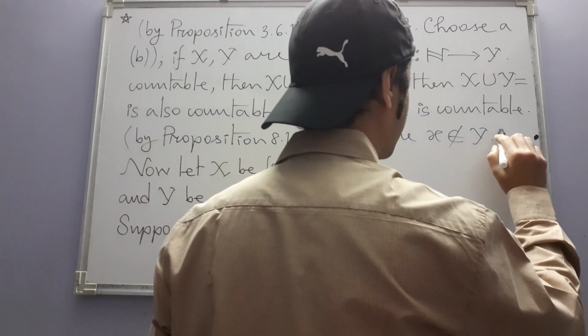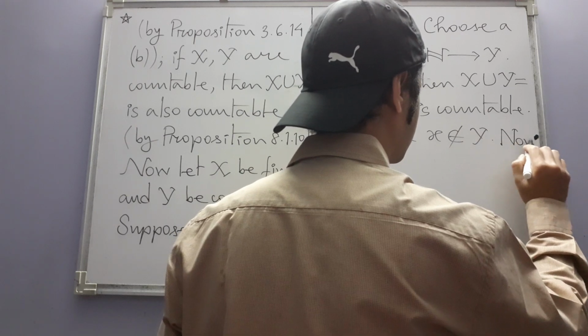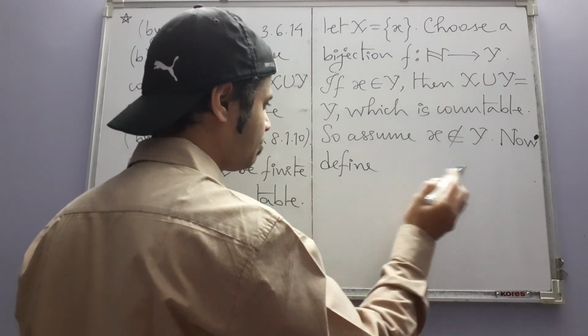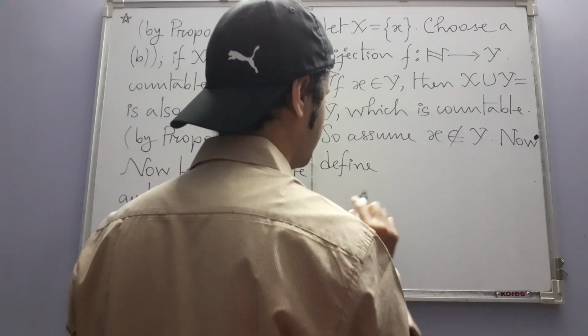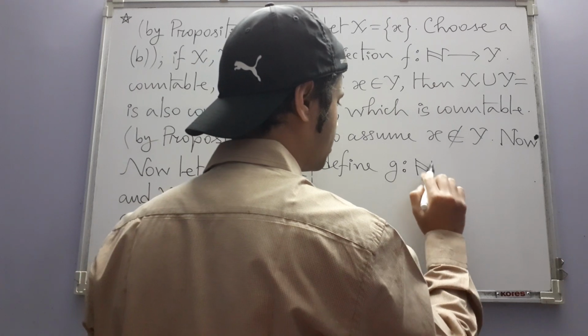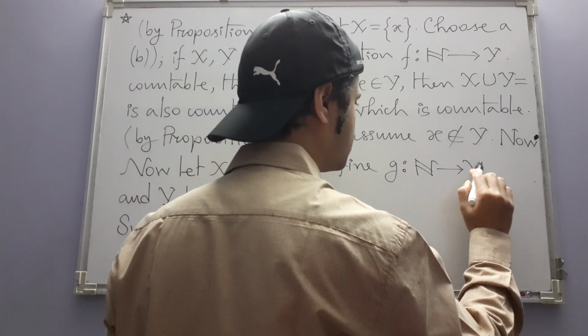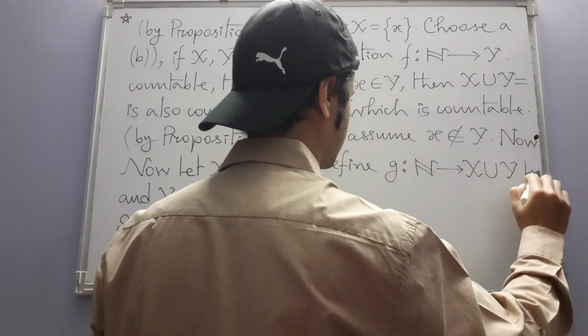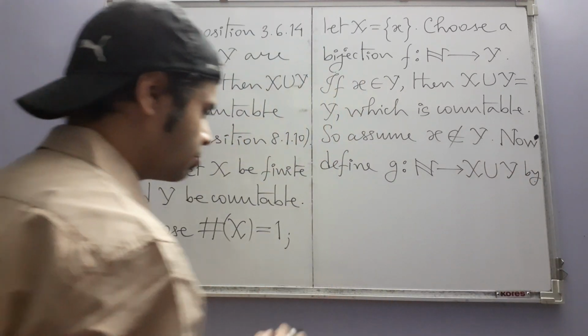Now we are going to define that function. Define the map G from the set of natural numbers into x union y by this rule.